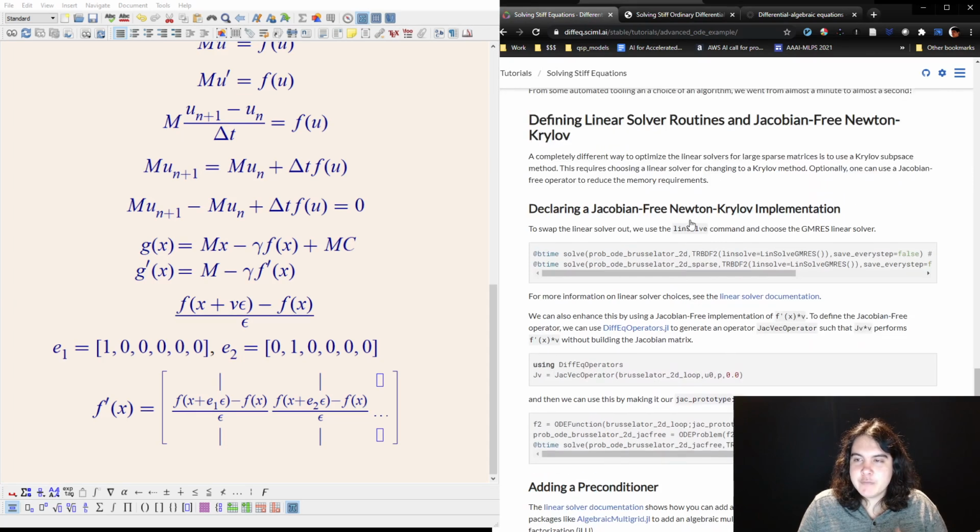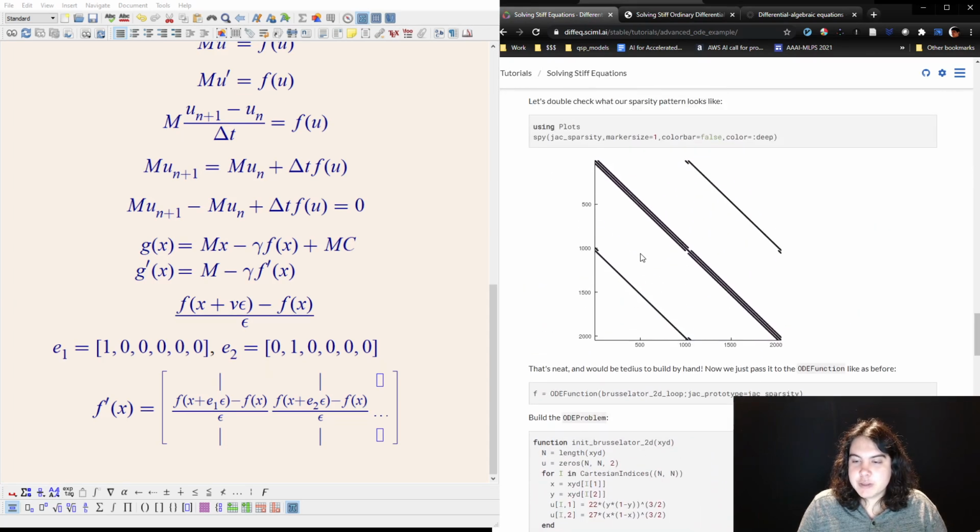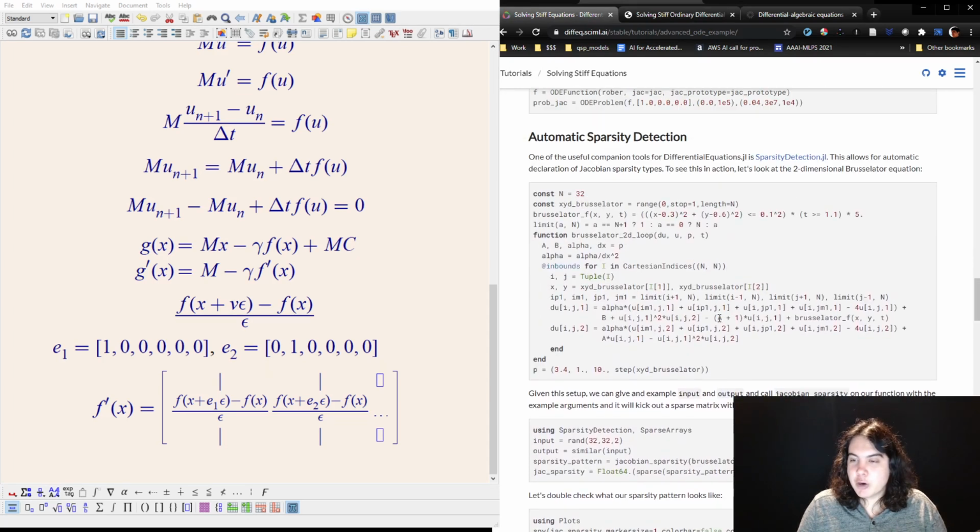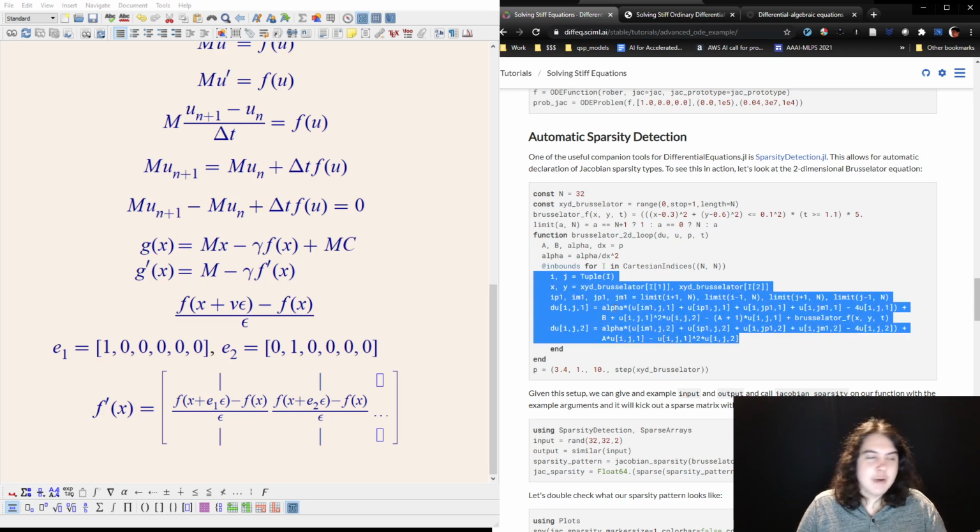So let's say you have an equation, one of these partial differential equation discretizations. It looks nasty, but it's one of these things where you loop over and you say, well, du at ij is equal to the thing to the left, the thing to the right, the thing above me, the thing below. And what this means is that every single quantity only depends on five values: itself and the thing to the left, right, below, and above.